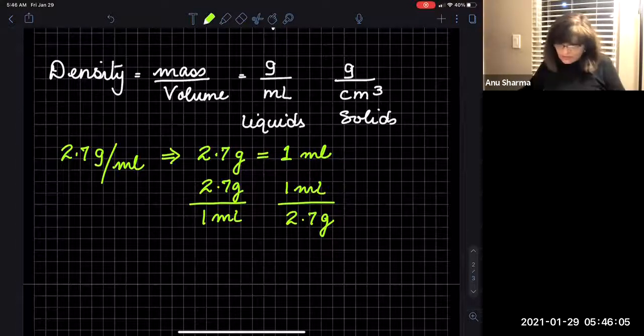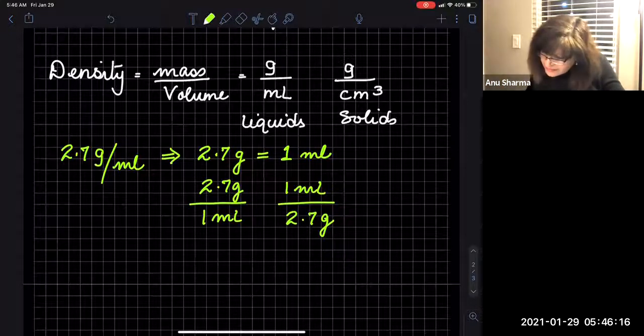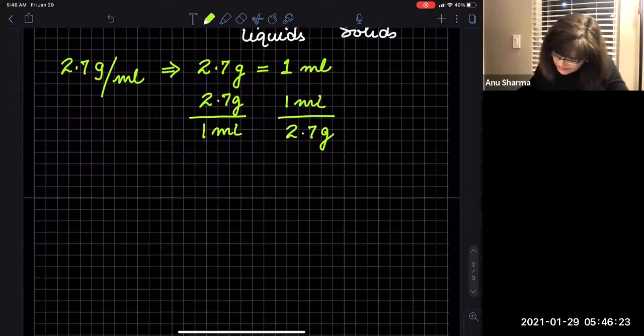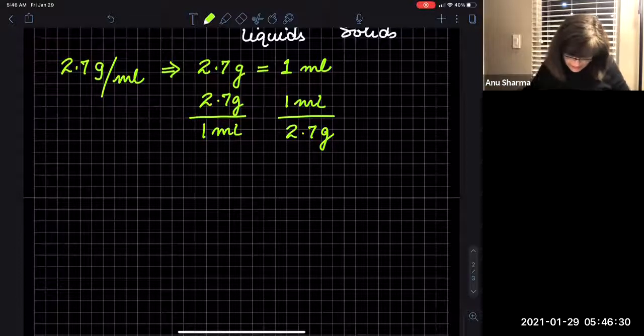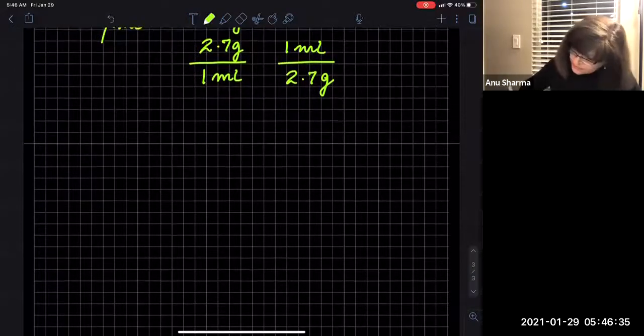Now let's do some problems here. Let us say you are given the US metric system, which is 1 kilogram.